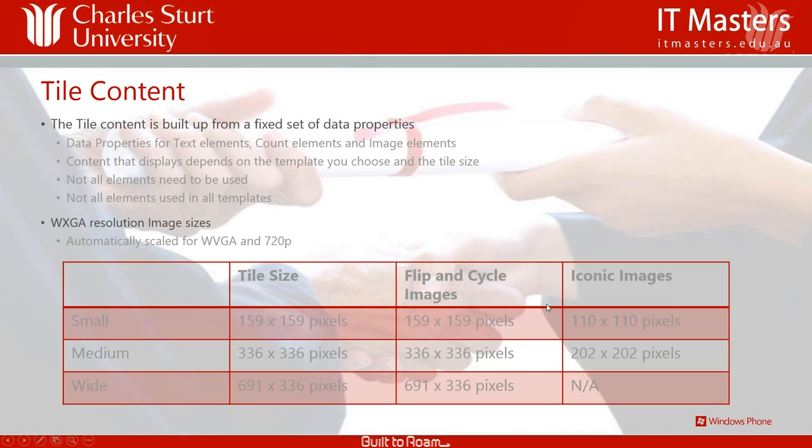The only exception to this is the iconic templates. These use images that are slightly different sizes, depending on whether you've got the small or the large tile pinned. And in the wide tile format, it uses either the small or the medium tile image size, depending on whether you've actually set the content for the wide format.